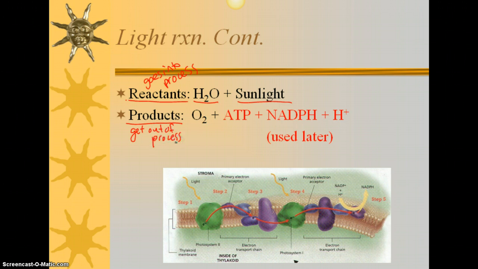But if you haven't yet, reactants go into the chemical reaction, and products are what you get out. And so what we get out here is oxygen, ATP, NADPH, and hydrogen. These things right here are going to get used later when we talk about the Calvin cycle. So you can fill in that chart if by chance you are using the notes packet, and if you're not, you can kind of make your own chart there.